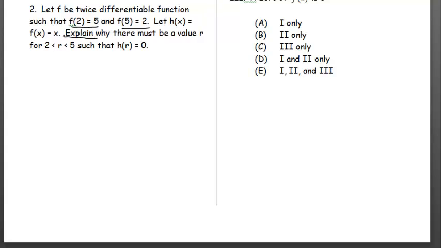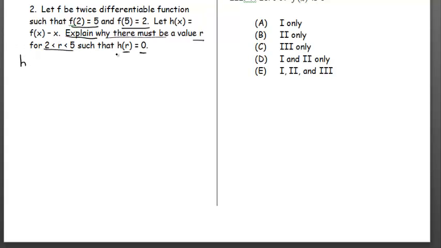All right, they want us to use words, explain why there must be a value r between 2 and 5 such that I get a y value for that r. Okay, so we're talking about y values. So this probably is going to be the IVT, and it is because it's on this page. All right, so 0 has to be a y value that falls between the 2 y values when r is 2 and 5.